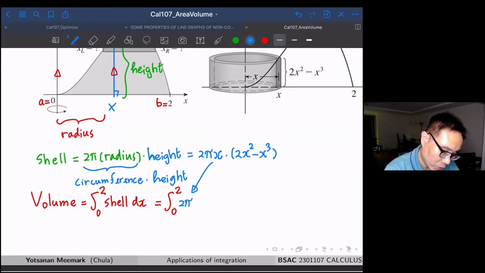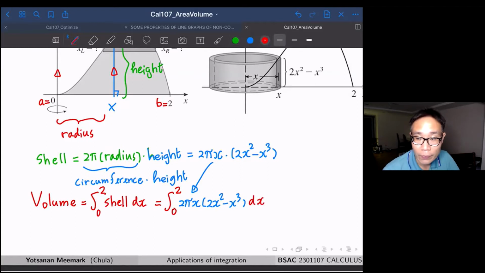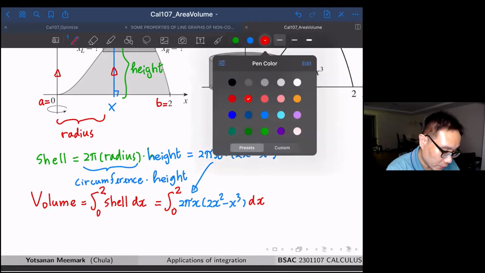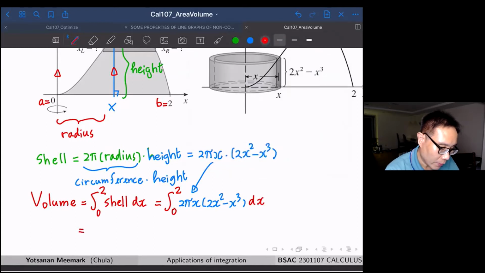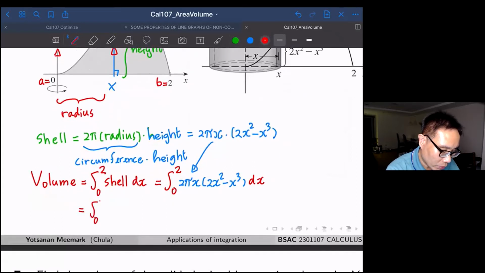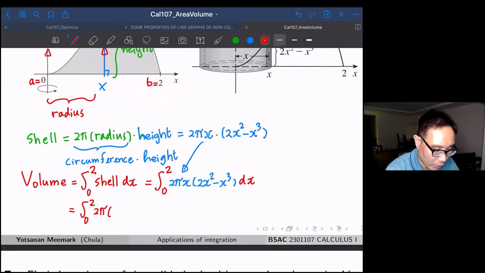So it's going to be 2 pi x times 2x squared minus x cubed dx. Okay, and you get the integral from 0 to 2 of 2 pi times 2x cubed minus x to the fourth dx.